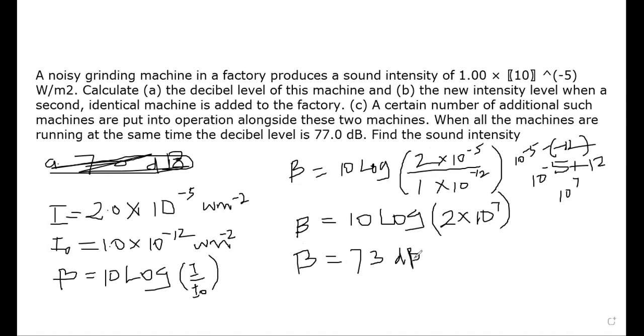So this gives the new intensity level when the second identical machine has been added to the factory. The first one was 70. They now brought another machine that functions the same way and it increased to 73 decibel. Because of space, I'm going to wipe this.